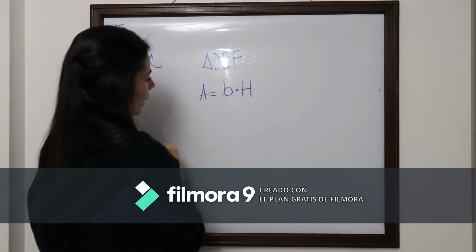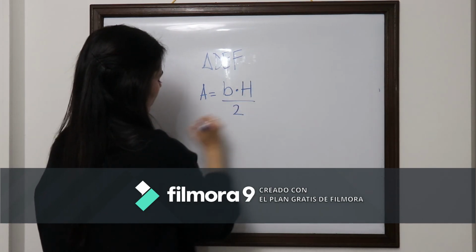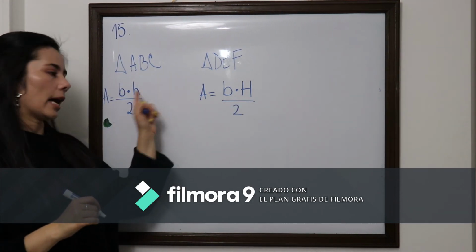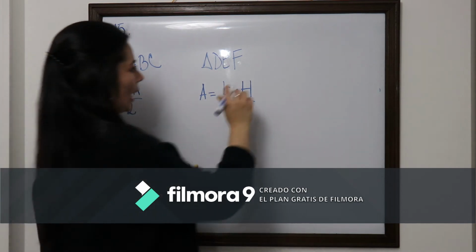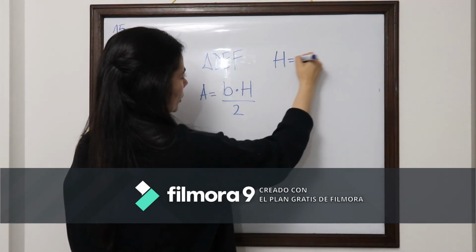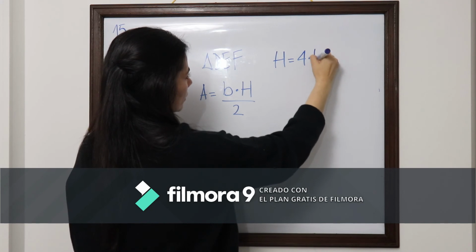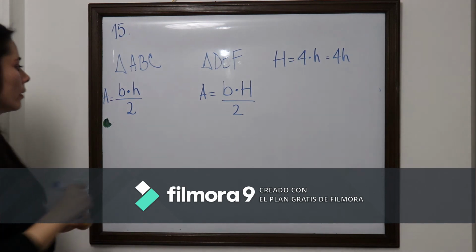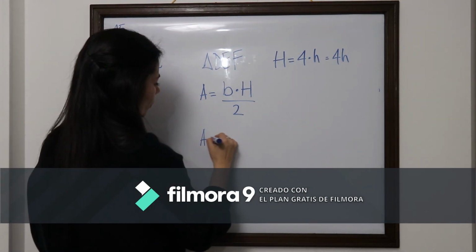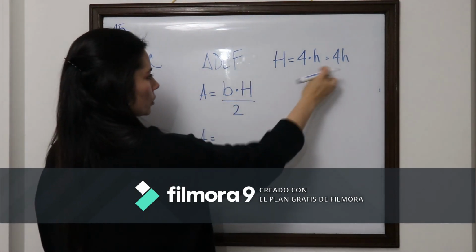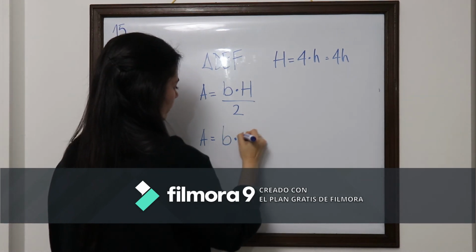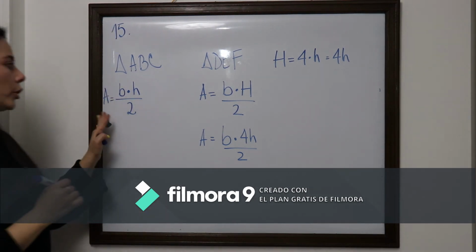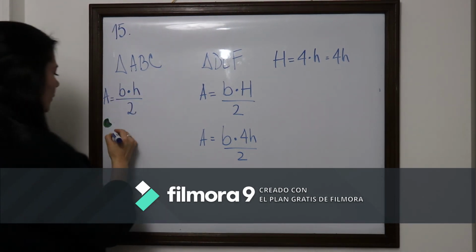And I'm gonna use a capital H divided in 2. Why? Just because the problem says that this height is 4 times this height over here. So what that means is that H is actually 4 times h. What is 4h? Okay? So then I'm just going to make that switch here, like this.